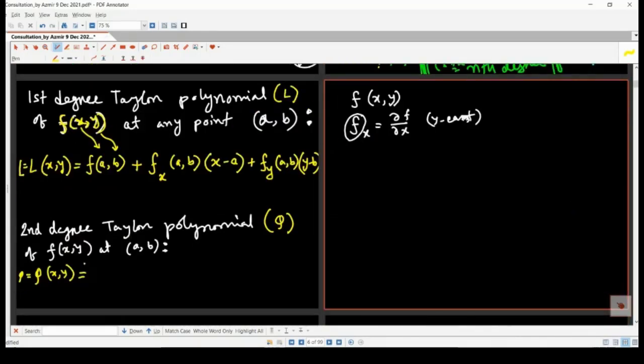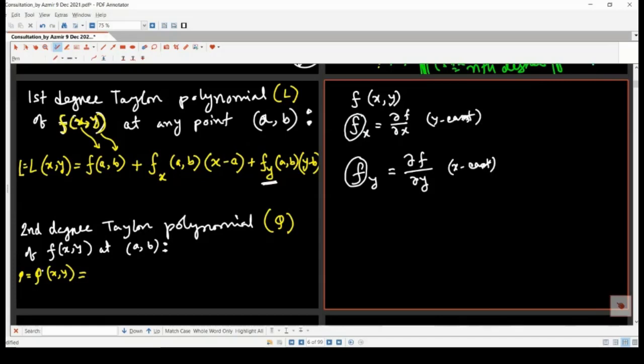So that thing is also applicable here. But at first, let me discuss what is f sub y. Since we have f of x comma y, f sub y will be the partial derivative of f with respect to y. Since partial derivative is going on, the other variable will be constant. So we are differentiating in terms of y, x is constant at that time.